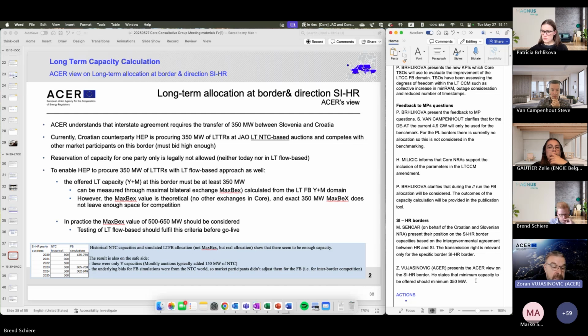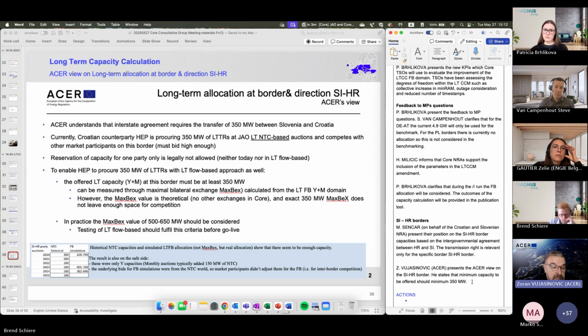What I presented here from flow-based simulation is quite on the safe side, because these flow-based simulations were from the NTC world, so bids were from the NTC world, so there is no competition amongst borders. So I guess that the bidders that would like to be sure about the capacity, knowing that there's competition now not only at the border but also between borders, could bid a bit higher to make sure that this capacity is there.